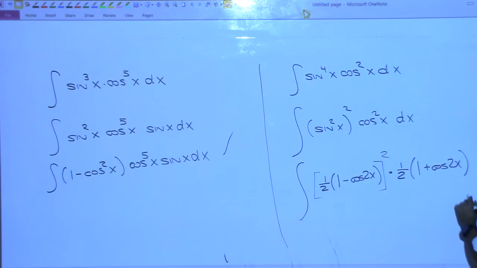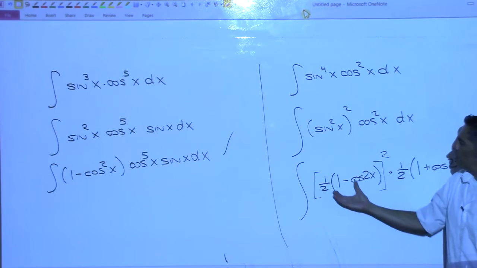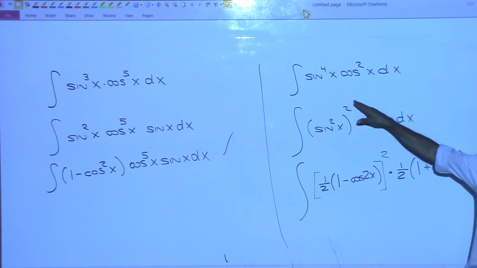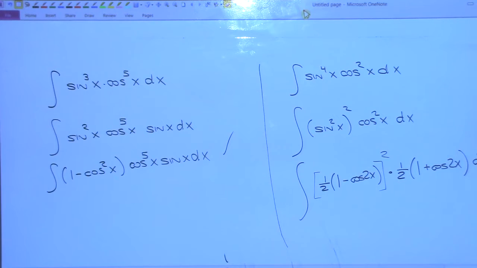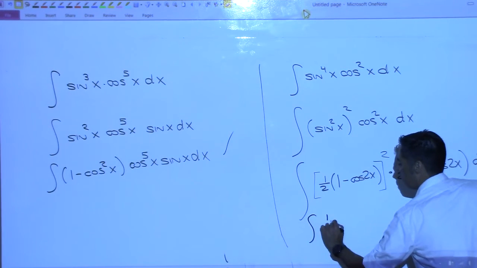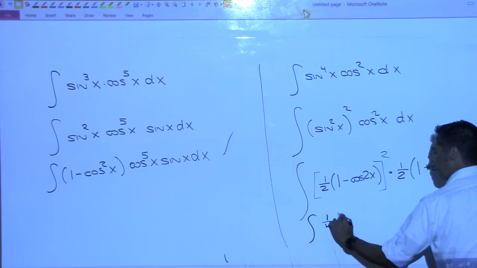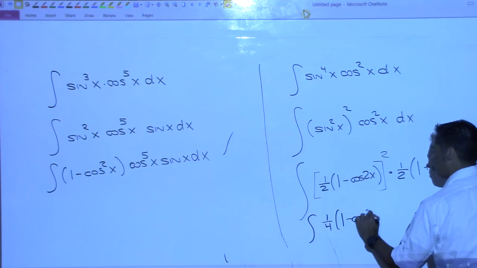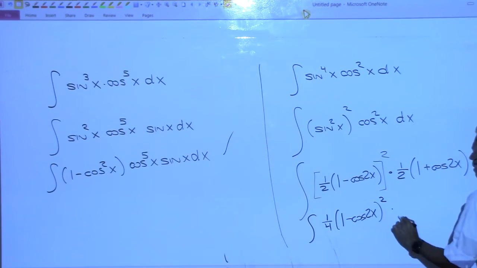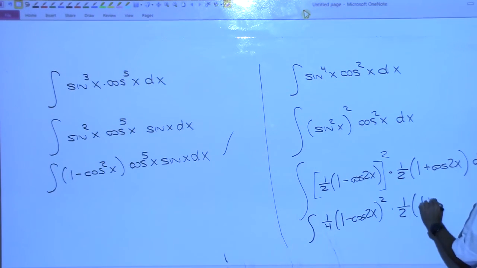Do y'all see I'm using the power reducing on both of those? I'm power reducing this one, power reducing that one, but that one's squared. So now this becomes one-fourth times 1 minus cosine 2x, that quantity squared, times one-half times 1 plus cosine 2x dx.